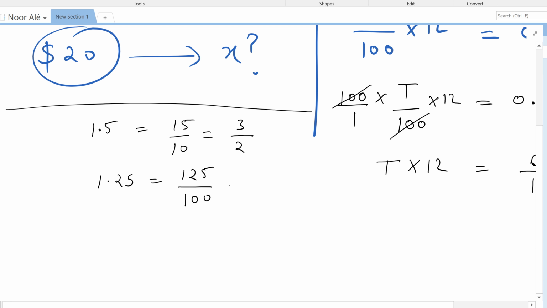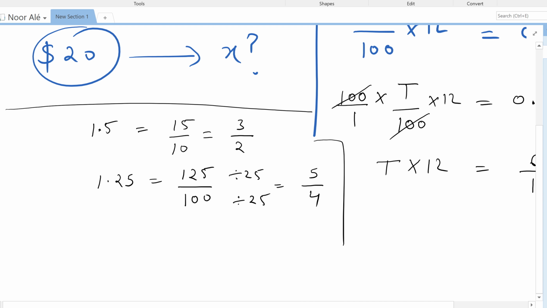Both of them have a common factor, that's 25. So if I divide top and bottom by 25, I get 5 out of 4. 5 out of 4 is the same as 125 out of 100, and the decimal expression is 1.25.